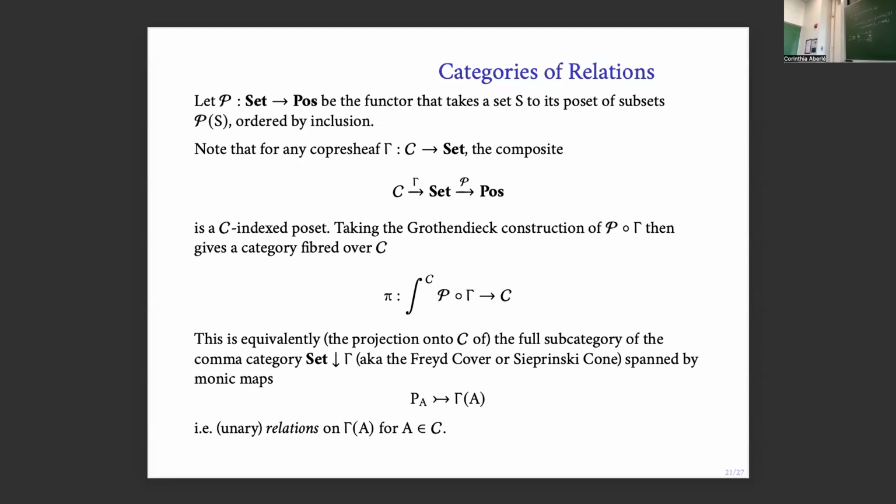It's specifically the full subcategory spanned by monic maps like this, so a sub-object in Set of gamma of A. These are basically unary relations on gamma A for each A in C. We're going to call this construction the category of relations of gamma.